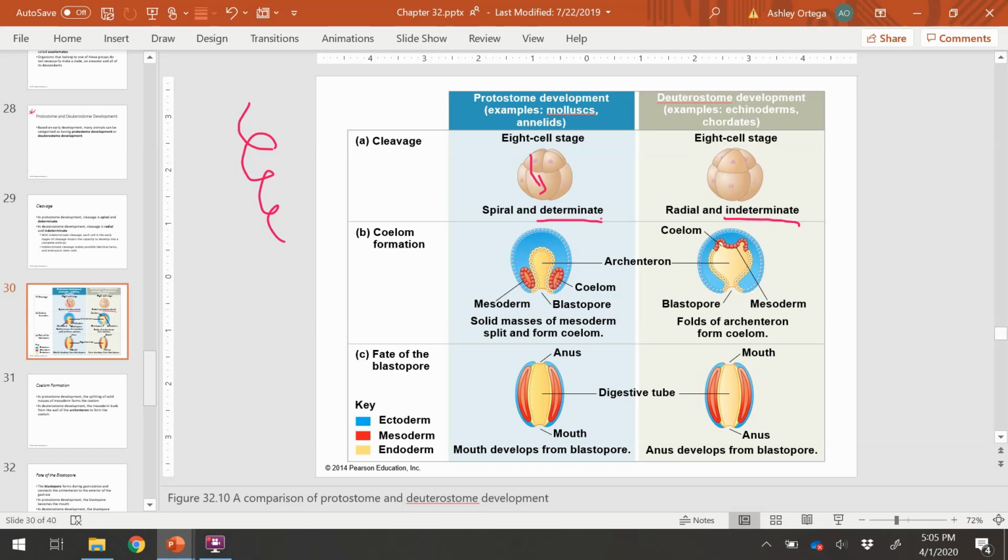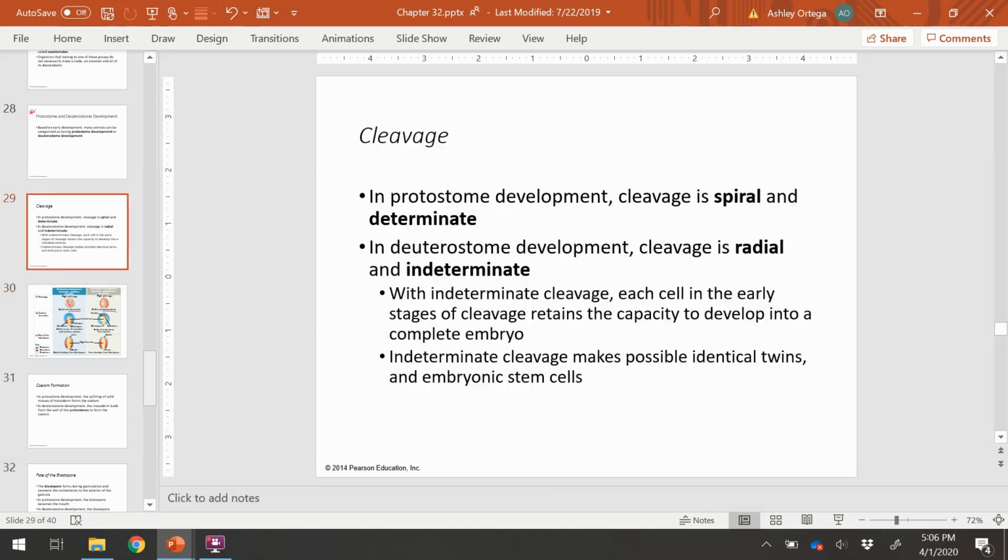Another difference here in the 8-cell stage for deuterostomes is that they have radial cleavage, which means the ends of their cells line up radially, which is hard to point out here. You can see they all kind of line up radially on the outside there. That was on this slide here.